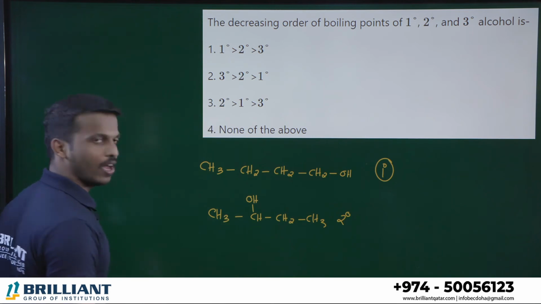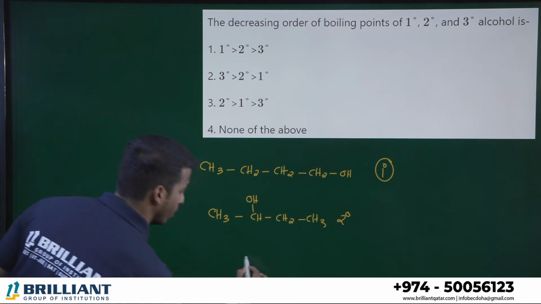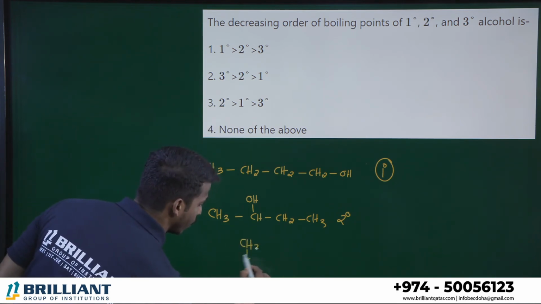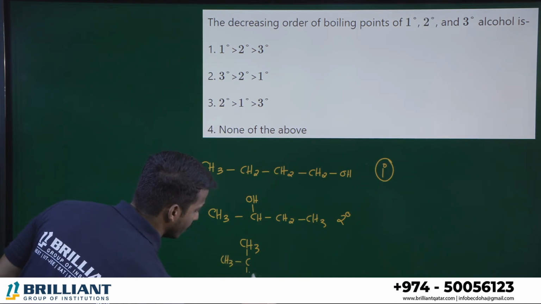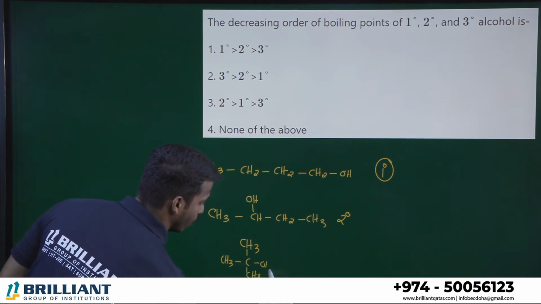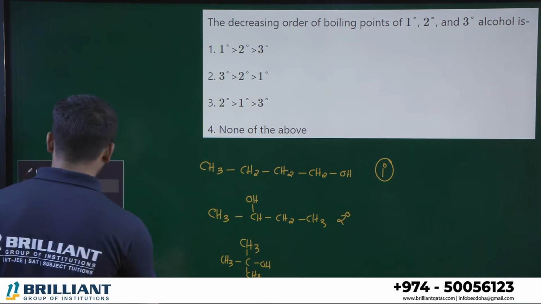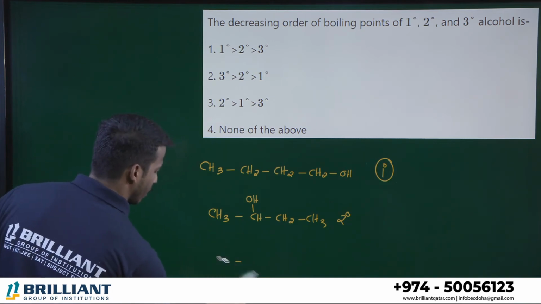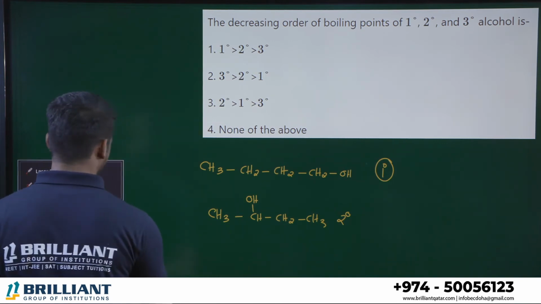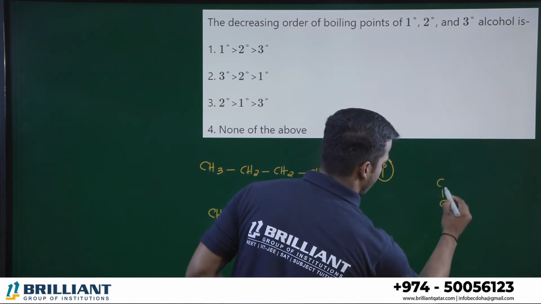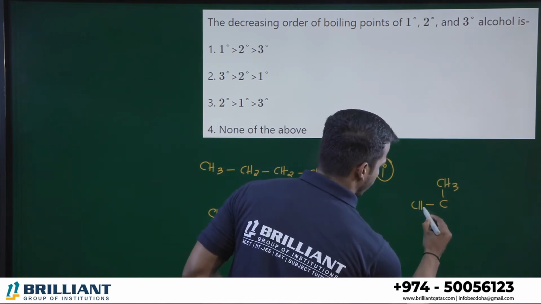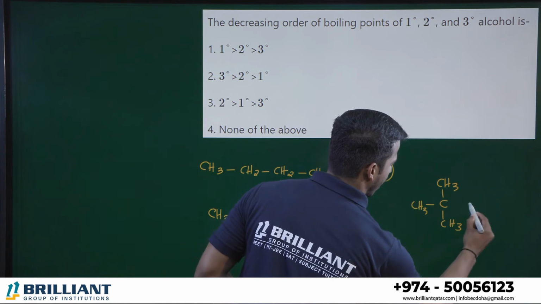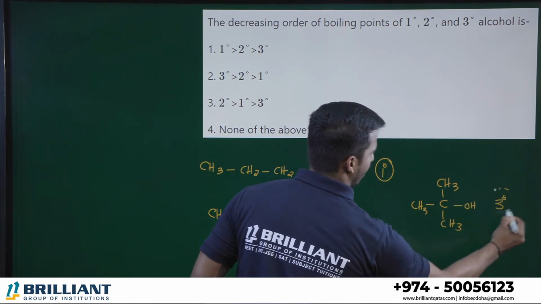With the same formula, how can we draw a tertiary alcohol? Let's take tert-butyl alcohol. This is the tert-butyl group with alcohol. This is a tertiary alcohol.